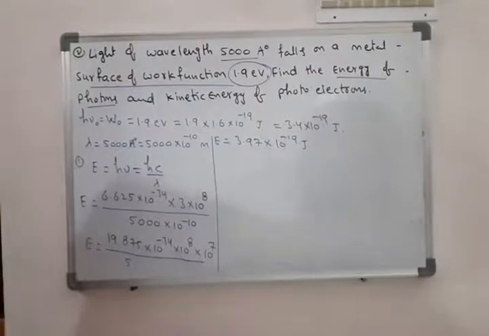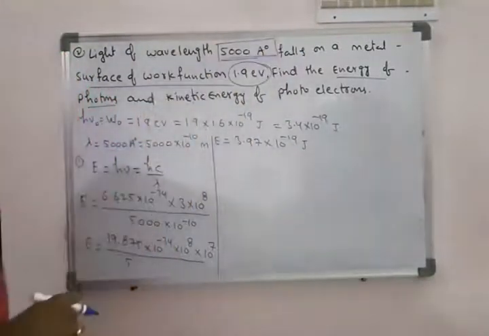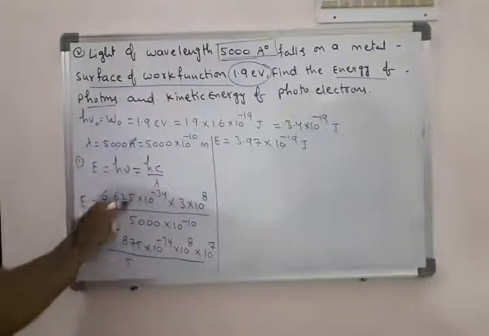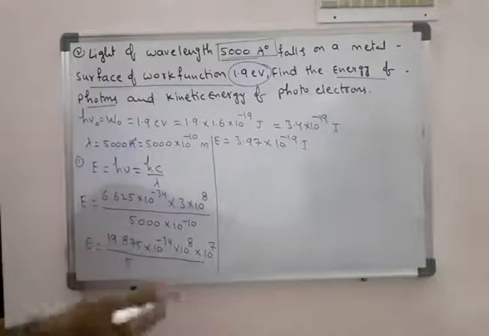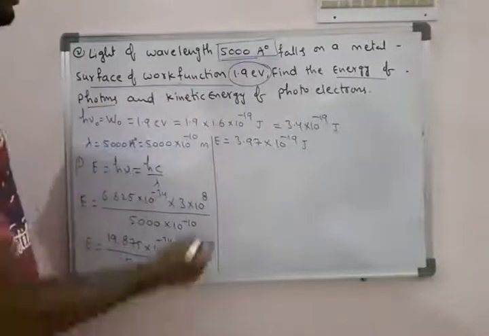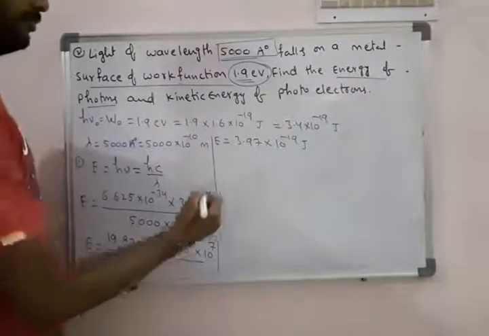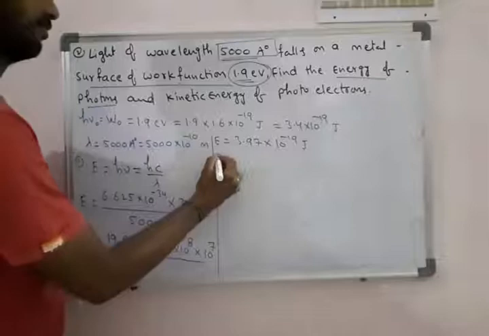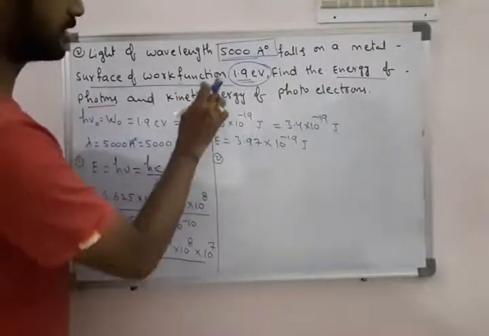So with the value of 5000 angstroms, with the help of that wavelength value, we calculated the energy of that photon. And next, the second problem: the work function is given.